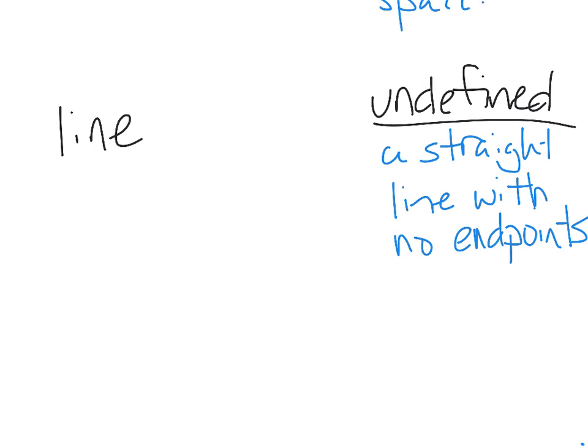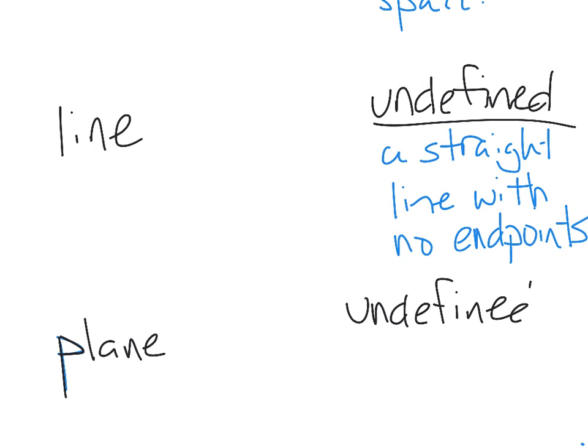Alright, next we have plane. And a plane is, just to guess, undefined. So our points, lines, and planes, and you may come across some other things like this, are technically undefined.